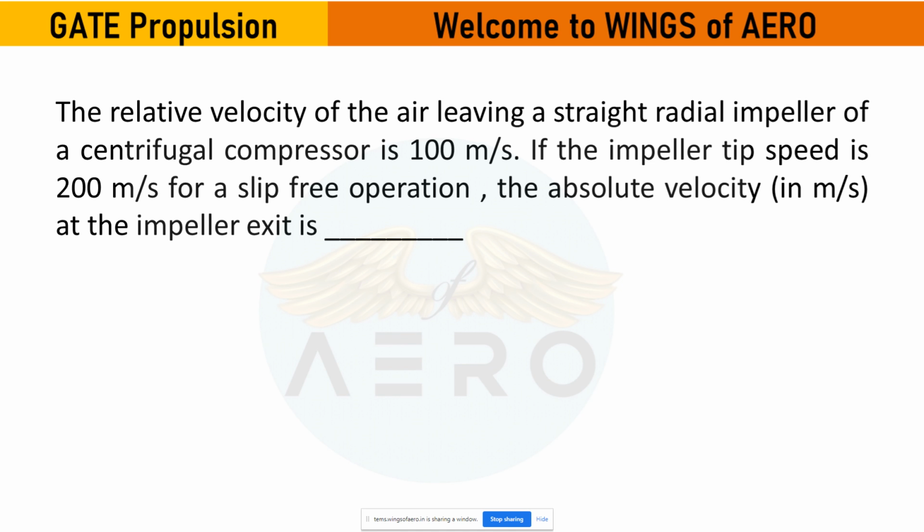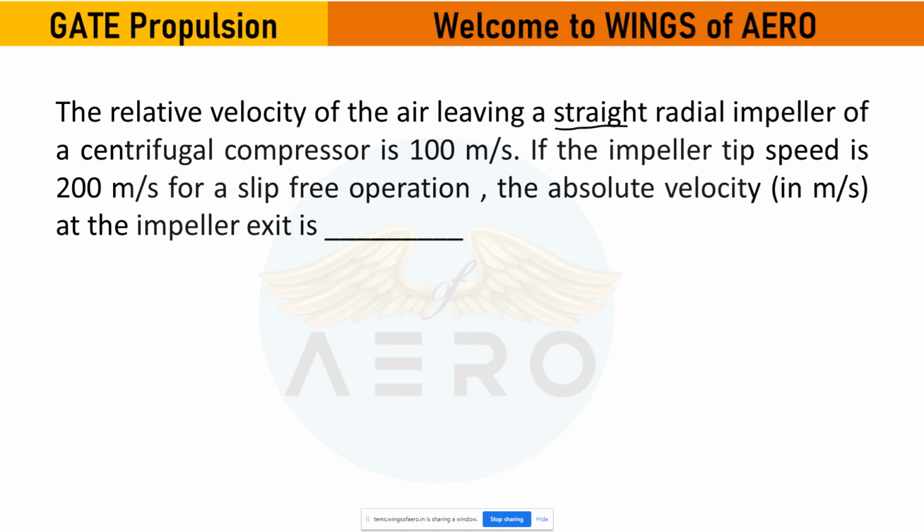The relative velocity of the air leaving a straight radial impeller of a centrifugal compressor is 100 meters per second. If the impeller tip speed is 200 meters per second, for slip-free operation, find the absolute velocity at the impeller exit. All the values they have given are at leaving, that means stage 2.